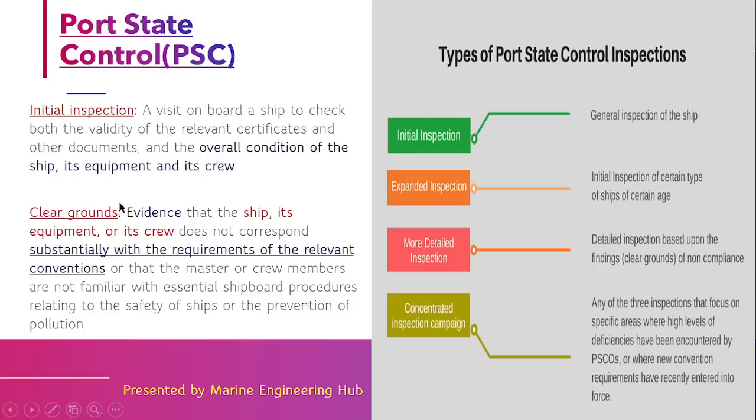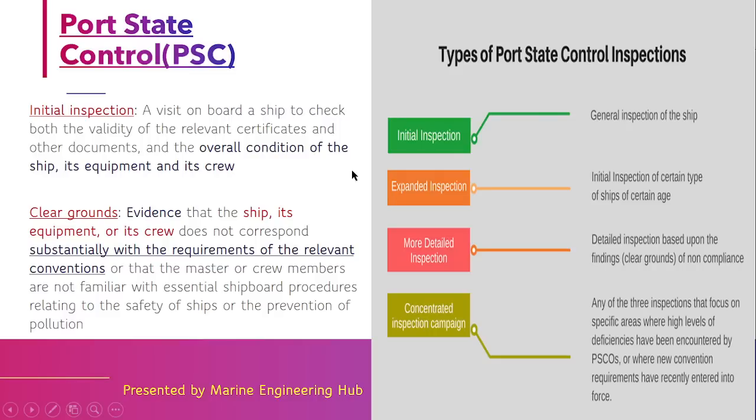So when a PSC does a more detailed inspection or a detention, these are done based on a ground. If in the examination the interviewer asks you what is a clear ground in one word, then clear ground in one word is evidence. Basically, clear ground means evidence which proves sufficient information that the ship's crew or equipment is not complying with the international rules and convention.